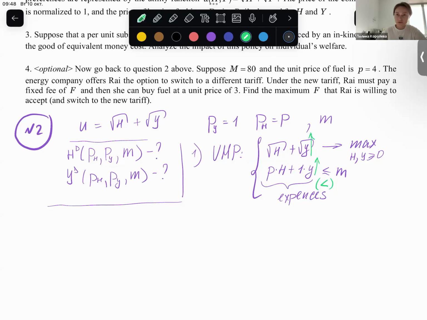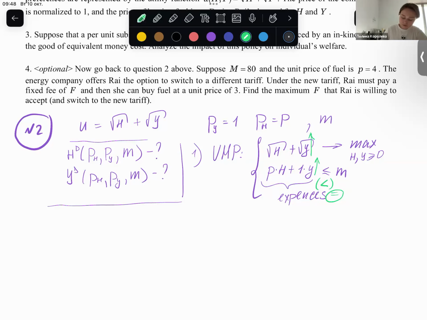That's why we will buy more and more of the composite good, such that we will spend all our monetary income. So this is the first option for proving that we will consume on our budget line. We will choose the bundle on our budget line.